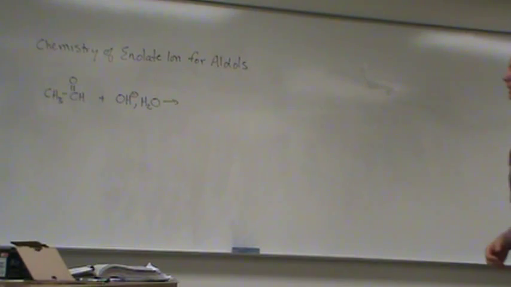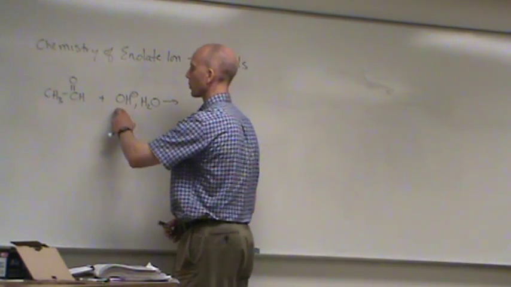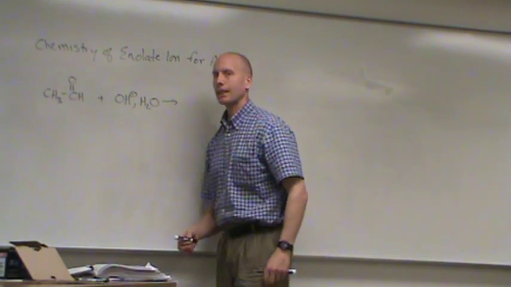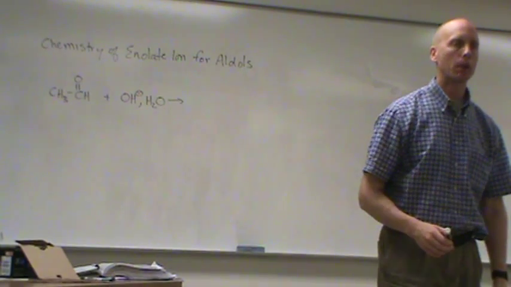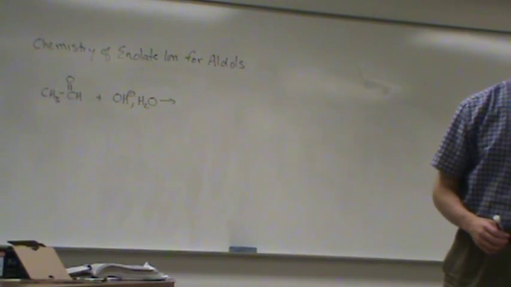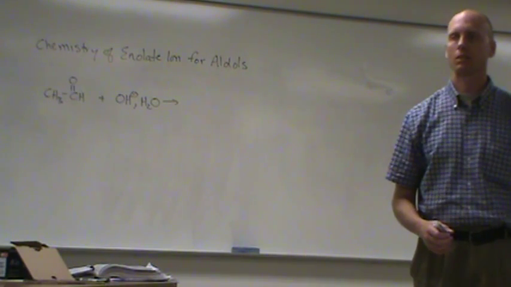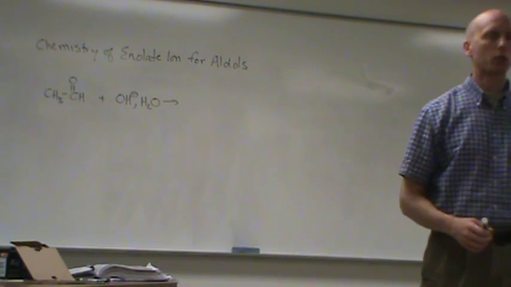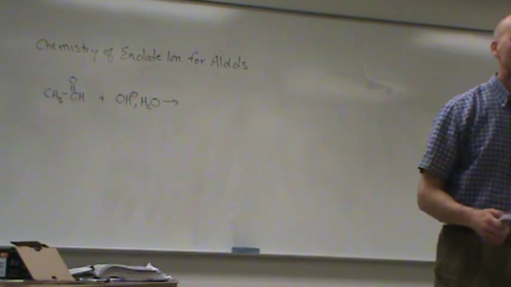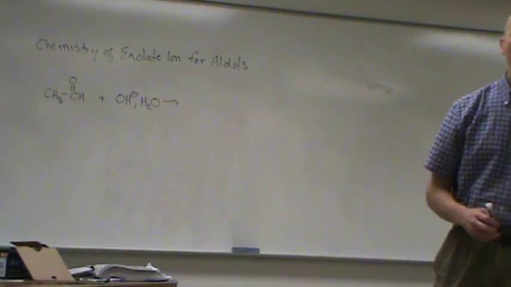The first thing that will form is the enolate ion. Can somebody come up and draw the first part of the resonance structure for that enolate ion? Looks like I'll have to pick somebody. All right, let's start up front here. Why don't you come up? If you can't do it, I'll help you.